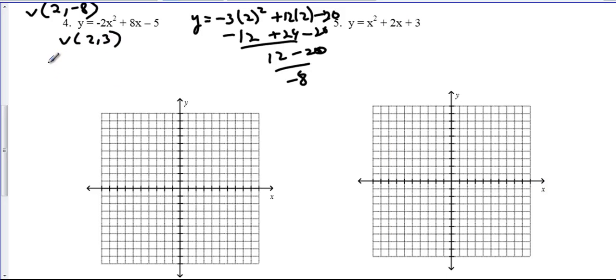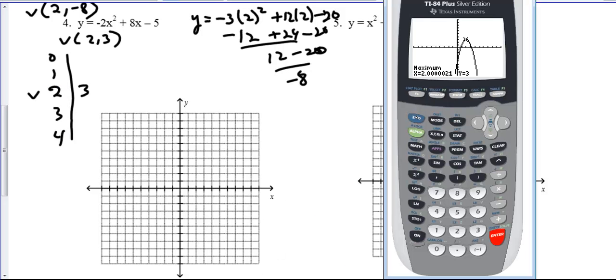Alright, so what I'm going to do next is I'm going to create a table, where 2, 3 is in the middle. I'm going to find the values of 1 and 0. So it goes 0, 1, 2, 3, and 4. I always want my vertex to be the middle point. So I'm going to go back to here. I'm going to go second table.